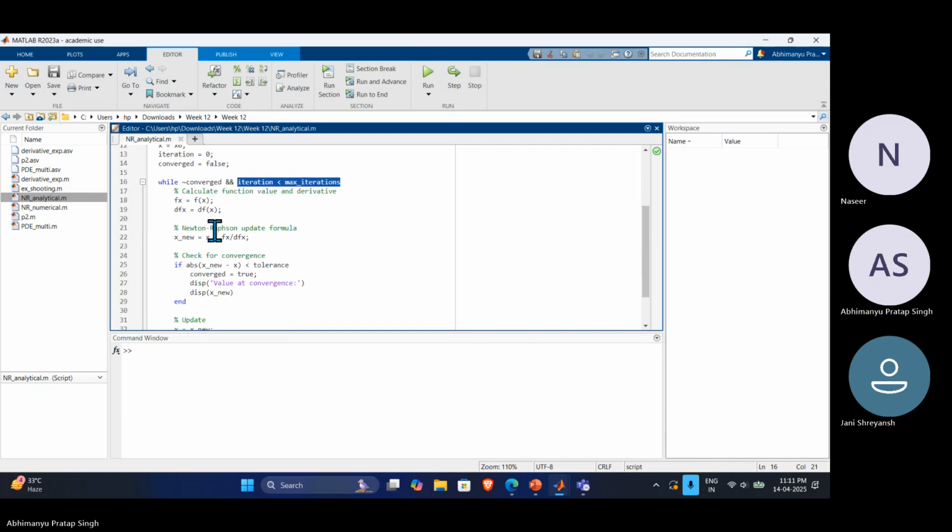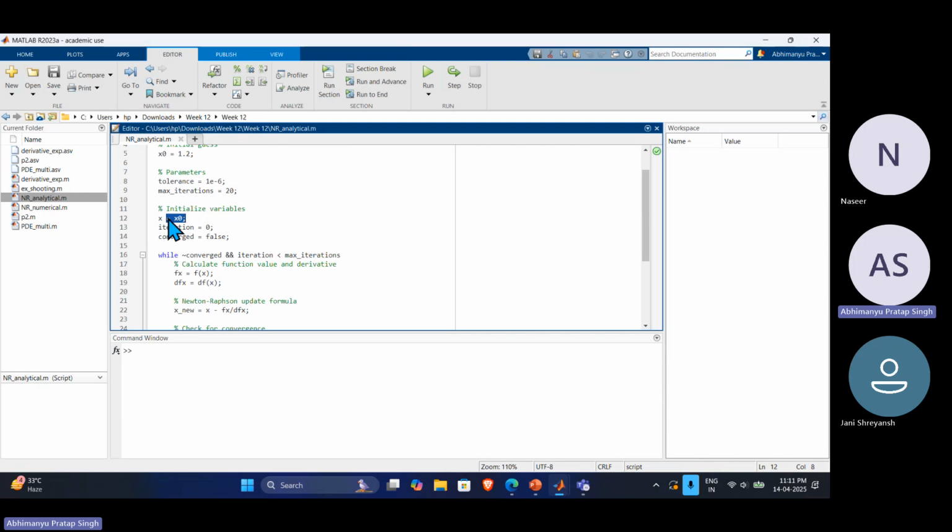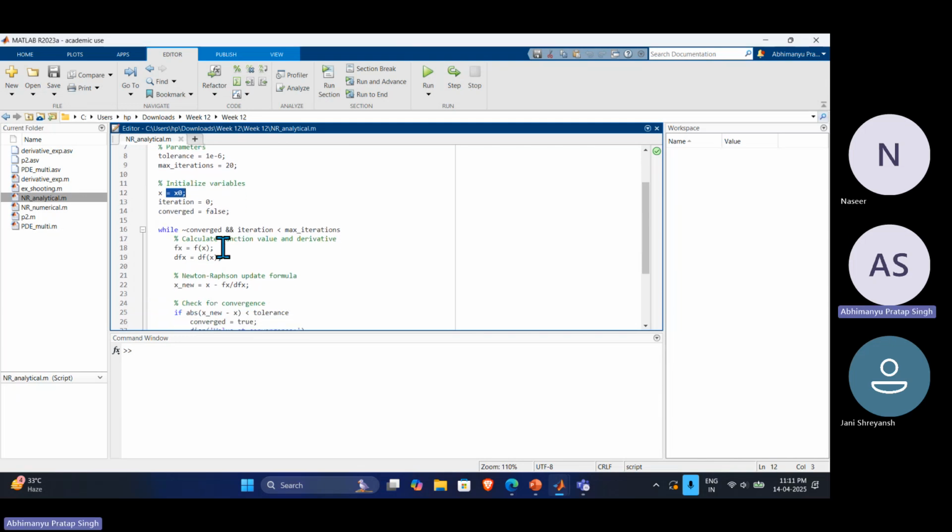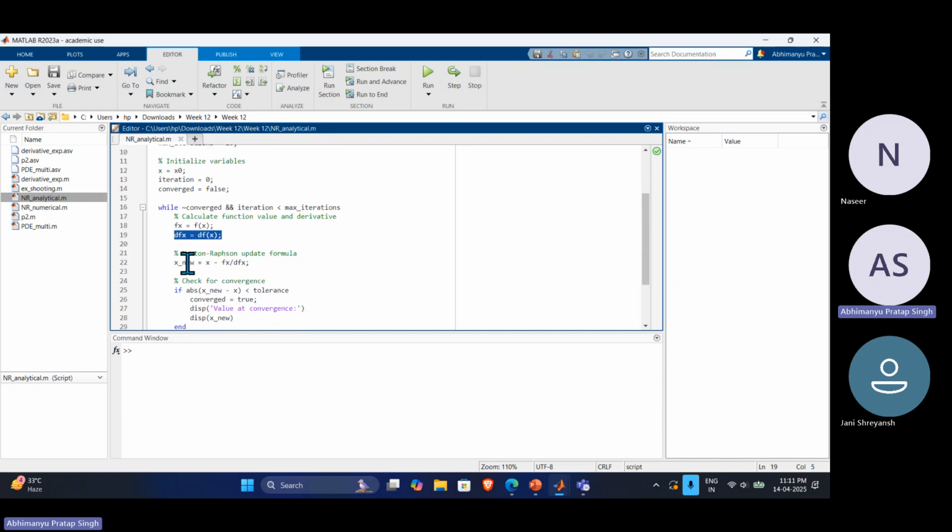Also, currently my x is the x naught, which is the initial condition 1.2. So I will calculate my fx and I will calculate my dfx using the function handles. And then this is my Newton-Raphson update formula. X nu is equal to x minus fx by dfx.